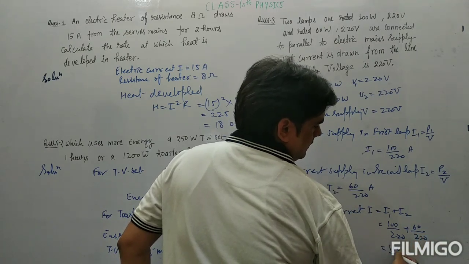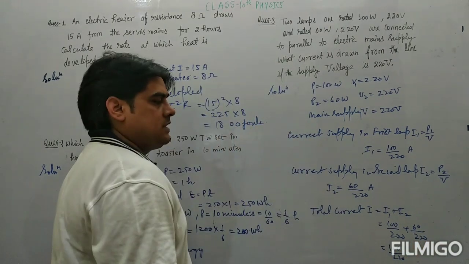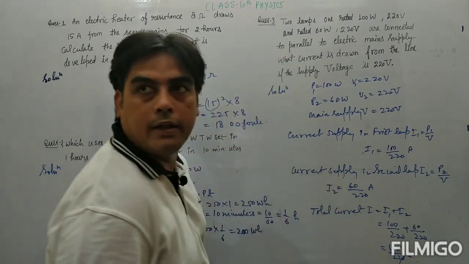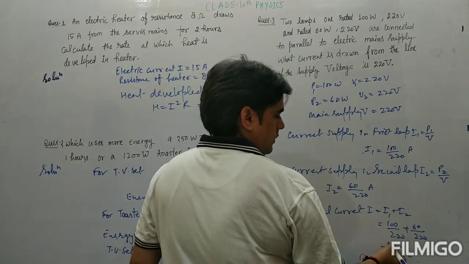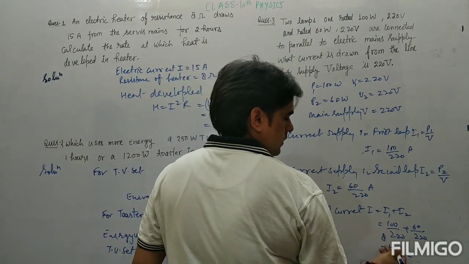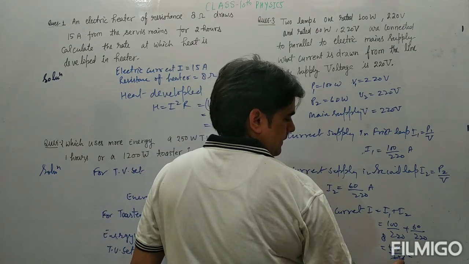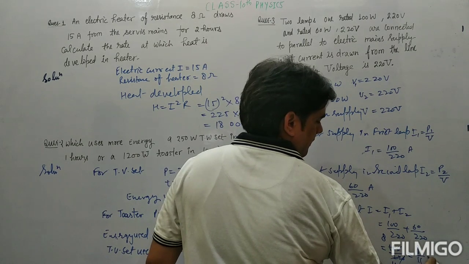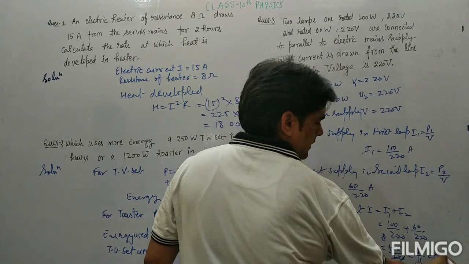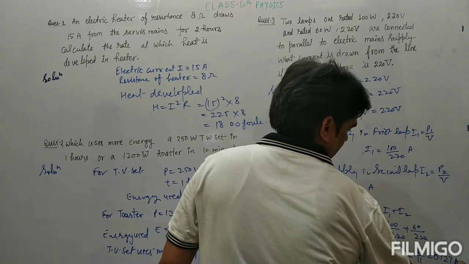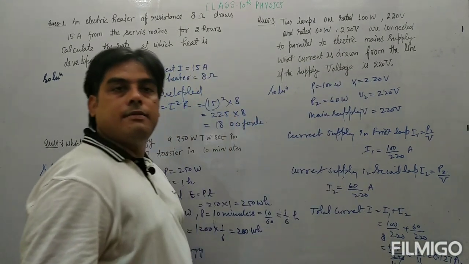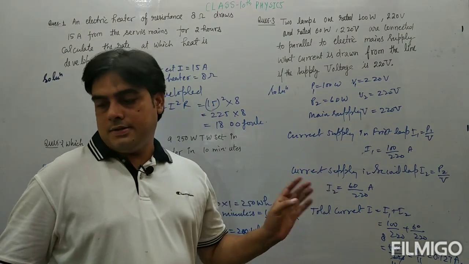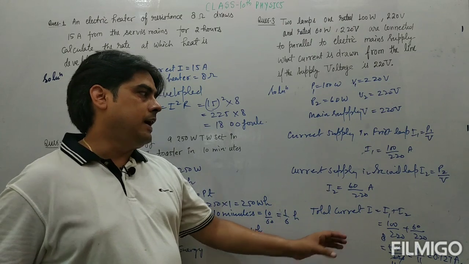When you add this, 160 upon 220. Dividing by 20, we get 8 by 11, which is equal to 0.727 ampere. This is the value of total current drawn in the circuit.